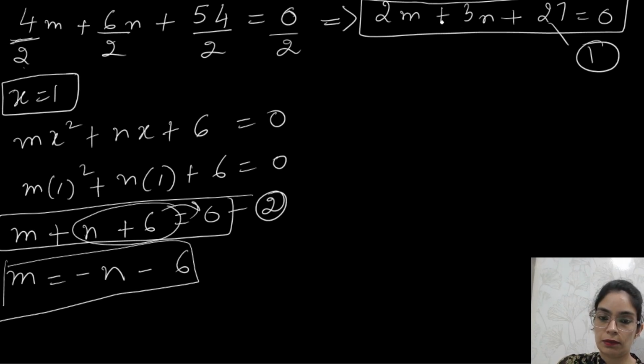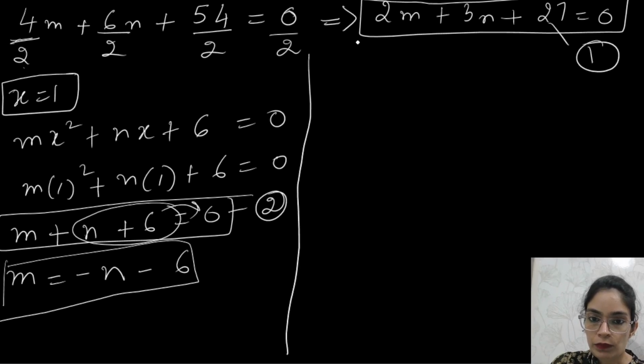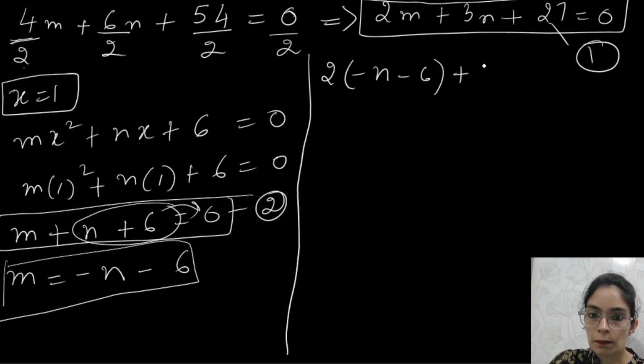So here m's value we will substitute in equation 1. That thing you can write, substitute the value of m in the first equation. So I'm doing it directly. So 2 into m's value, minus n minus 6, plus 3n plus 27 equals to 0.